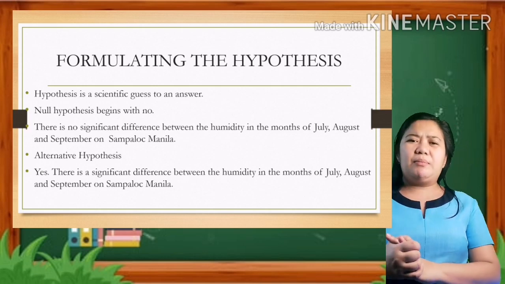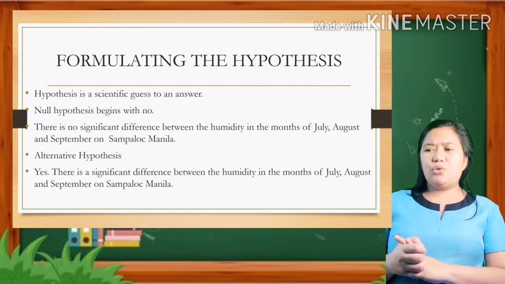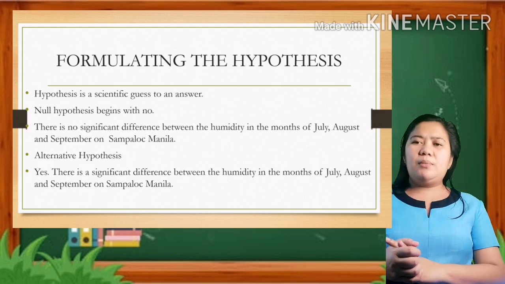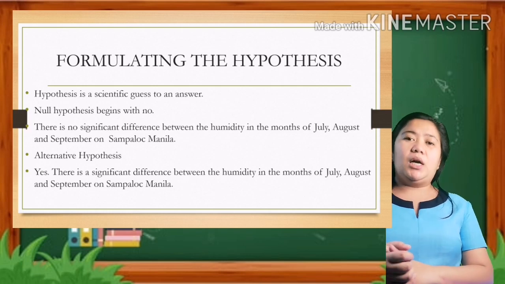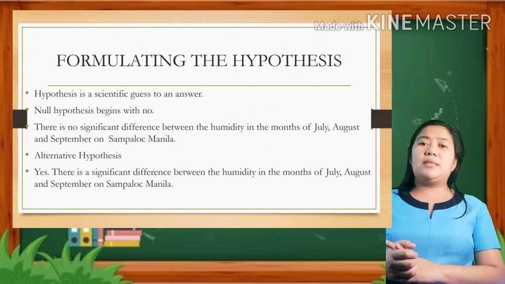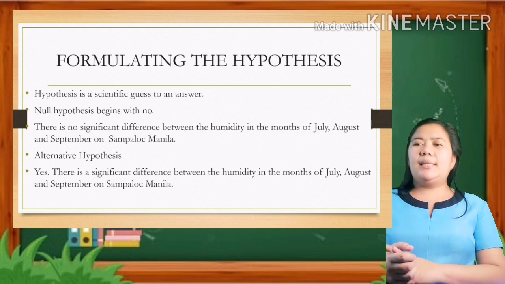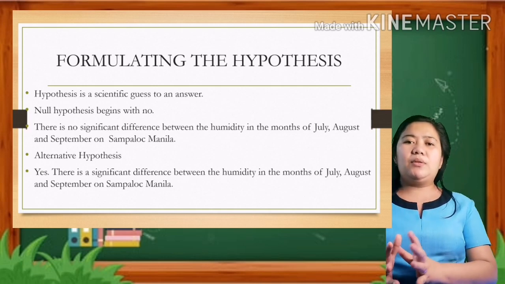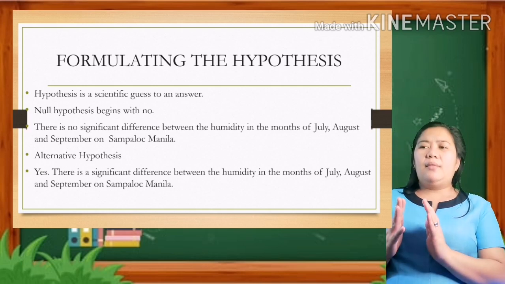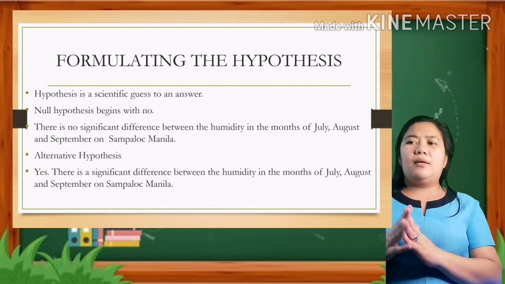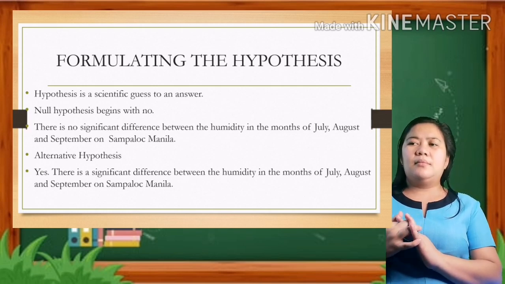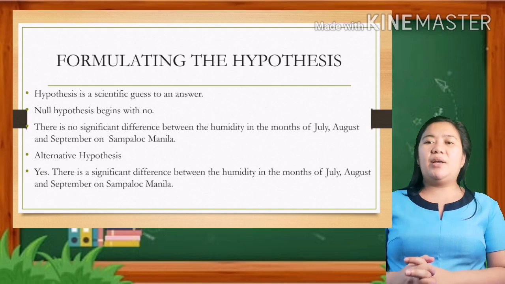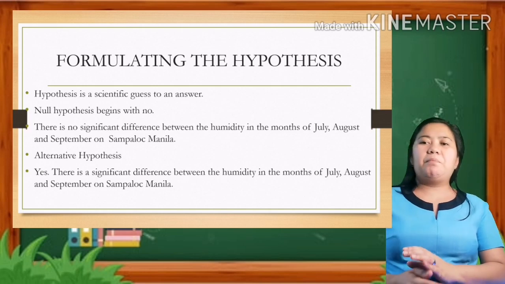The location, although Sampaloc, Manila is very broad, you can choose two to three barangays out of that location. And then the only target is the humidity. So the problem is very, very specific.